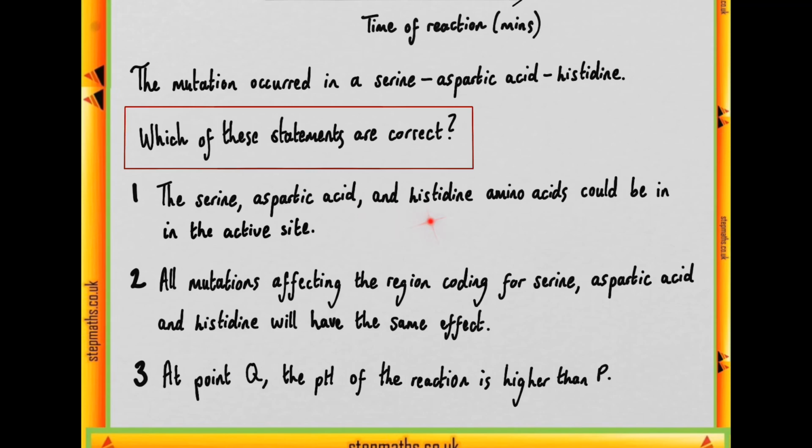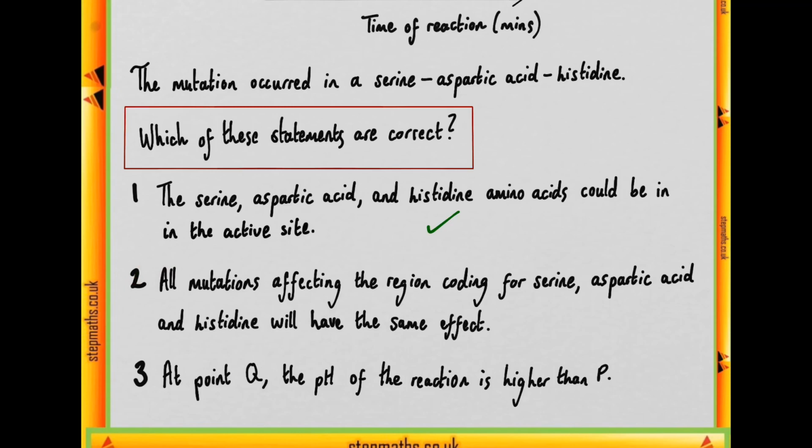But of course there are a number of other reasons why a mutation in a particular region of a protein could have an impact that doesn't involve it being in the active site. For example, this could be at another region in the protein, but the mutation may affect the three-dimensional structure such that the active site ends up being changed as well. But it could be in the active site, so we'll give that a tick.